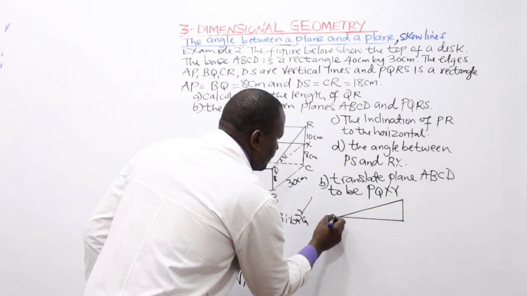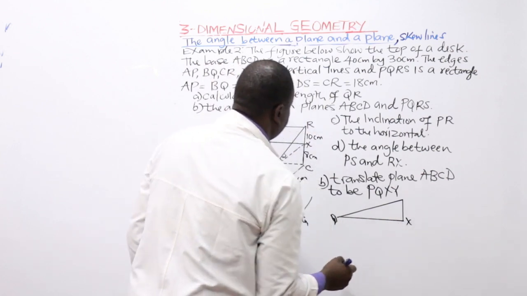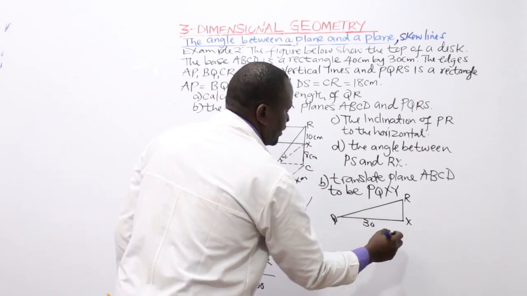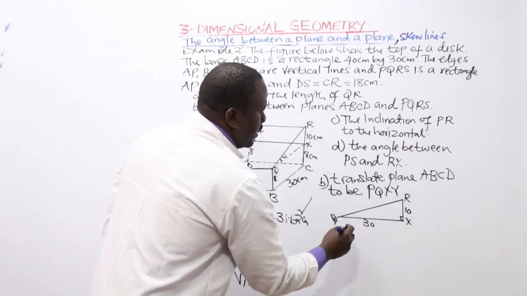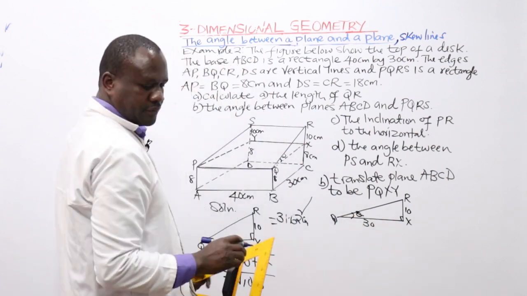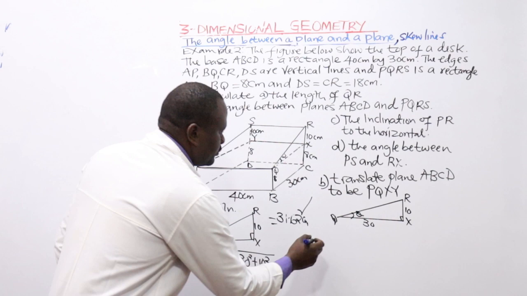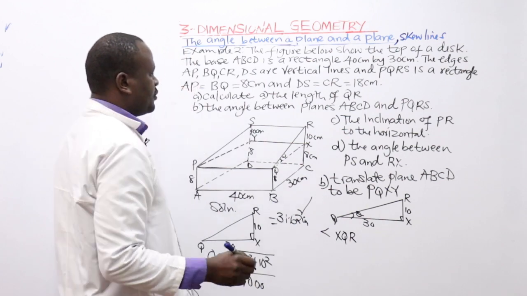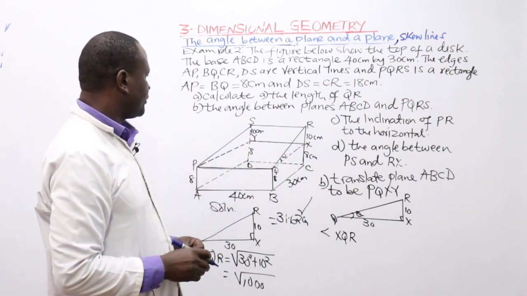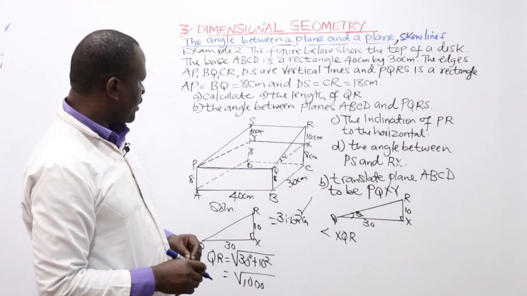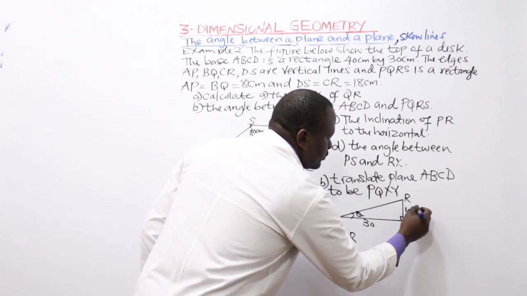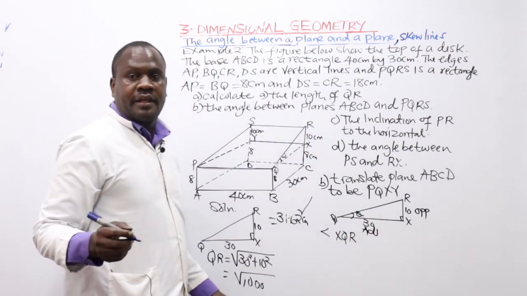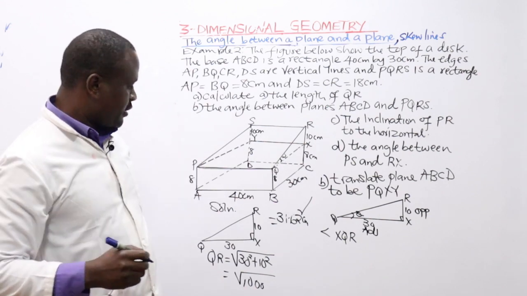This is Q. This is X. This is R. Since this is 30 and this is 10, the angle is this one. The angle is XQR. So sometimes the angle can be straightforward. That is the angle. Now we have the opposite, and this is the adjacent. Therefore, we use tangent.